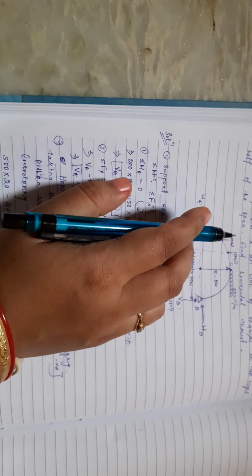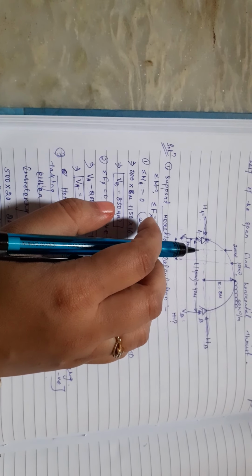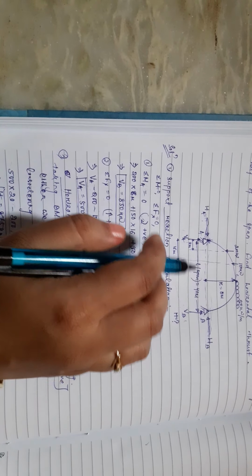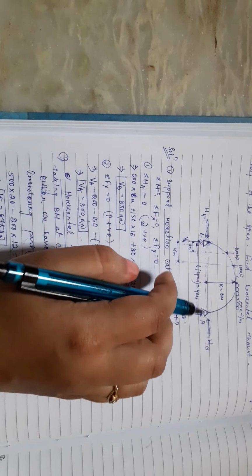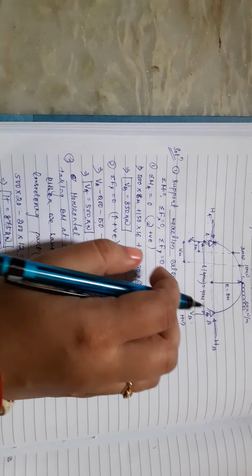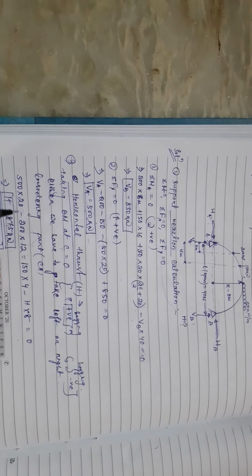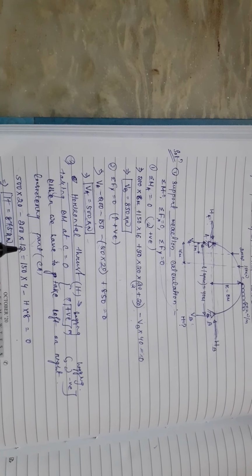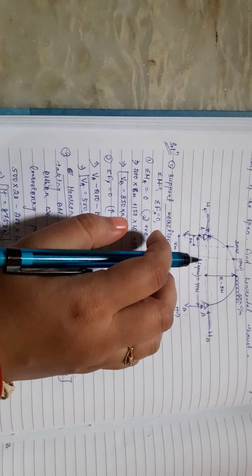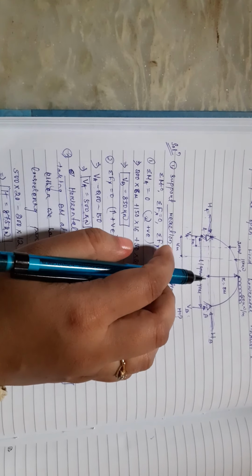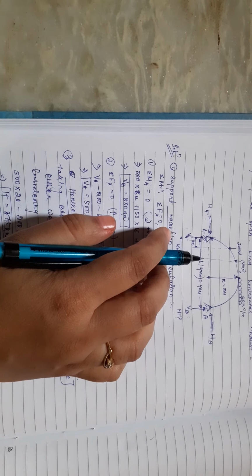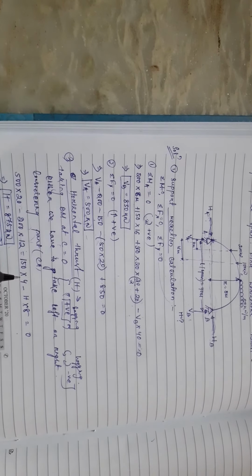And another force is 200 into perpendicular distance. Here 20 minus 8, which is equal to 12. This is acting anti-clockwise, so it is minus 200 into 12. Then 150 into this distance: total distance is 20, this distance is 16, 20 minus 16, which is equal to 4.